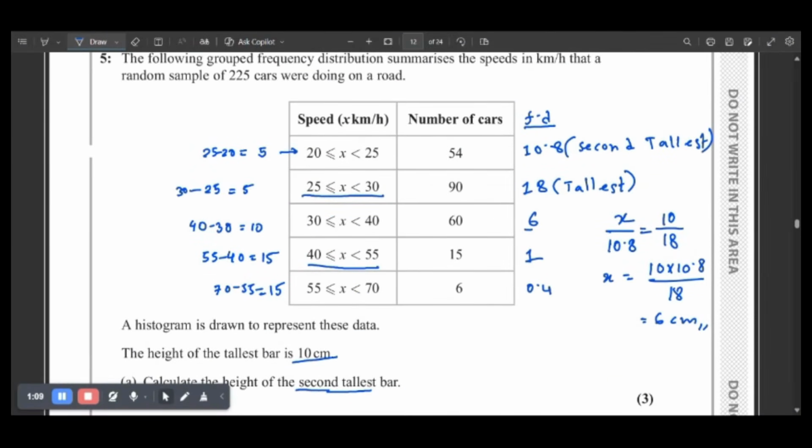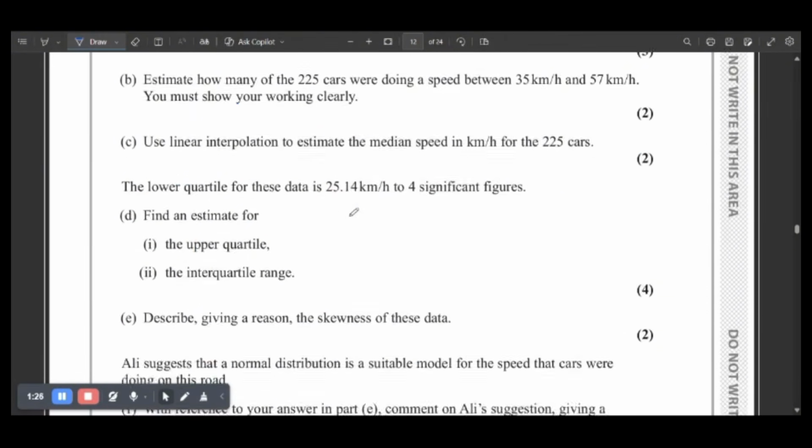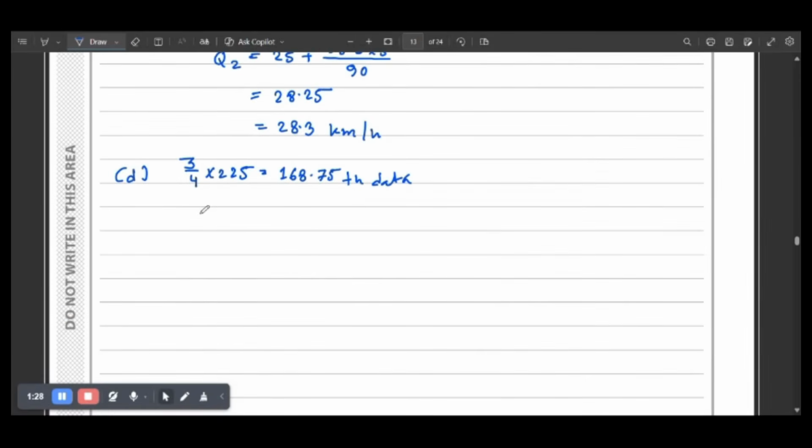We can check by adding the frequencies. We see that our value lies in this class. Now we can do linear interpolation to find the value of the upper quartile.